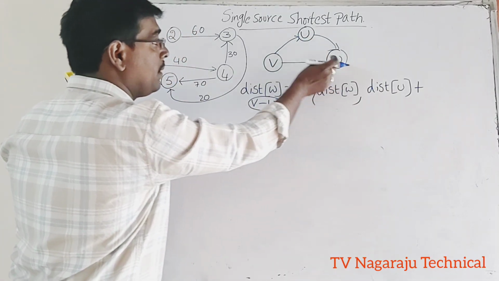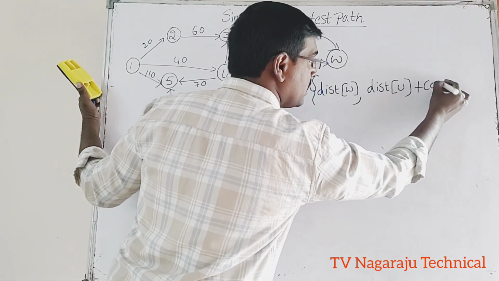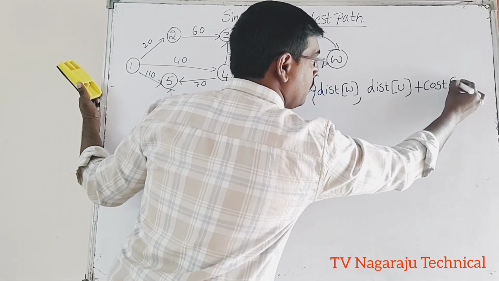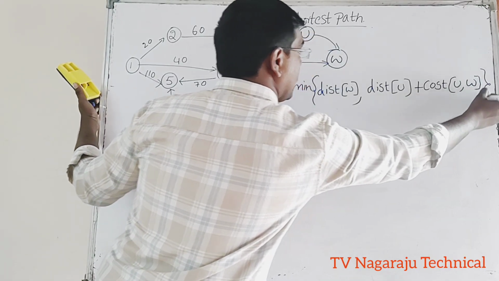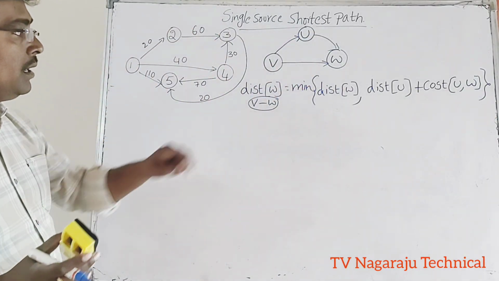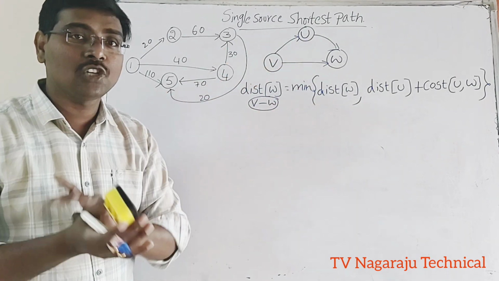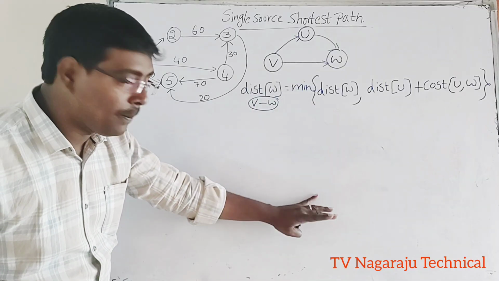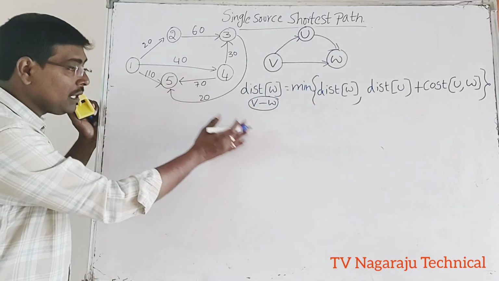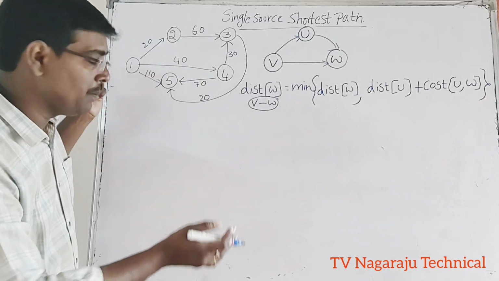The U to W cost comes from the graph, so that is represented as cost of U comma W. This is the formula for calculating the shortest distance. Clear?